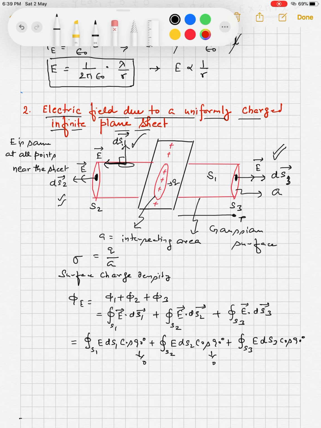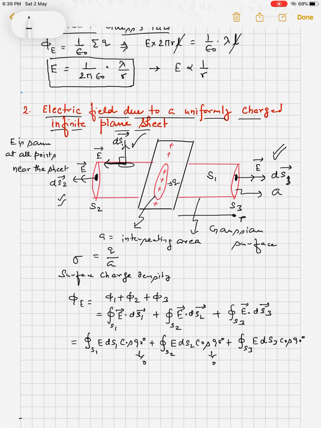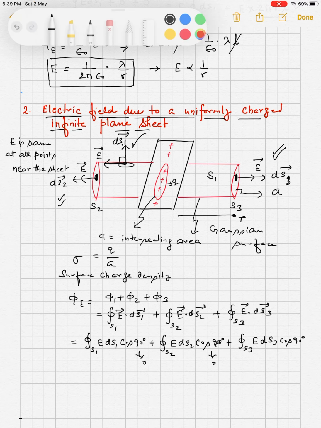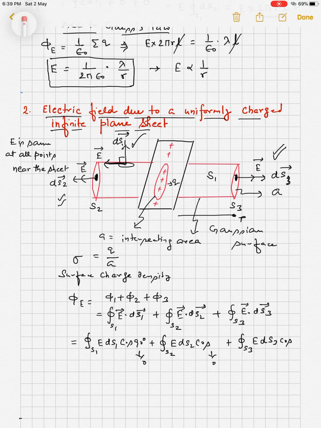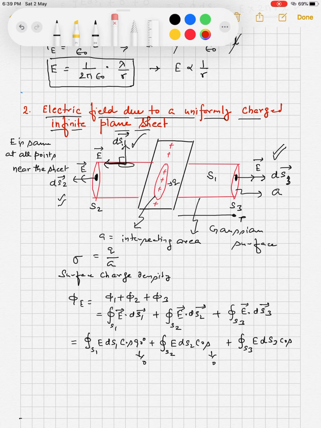Here is a correction. The angle between E and ds2 is 0 degrees. So here will be 0 degrees, and here also will be 0 degrees.